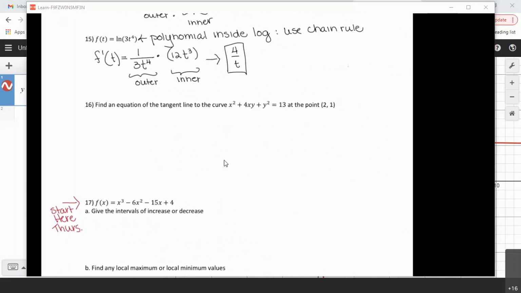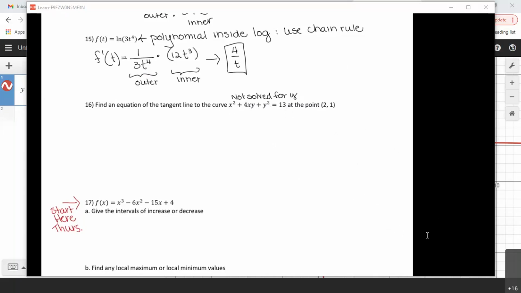Find the equation of the tangent line to the curve, this, at the point 2, 1. Now this is a lot like the question we did before. The only difference is this is not solved for y. So what do I have to do?